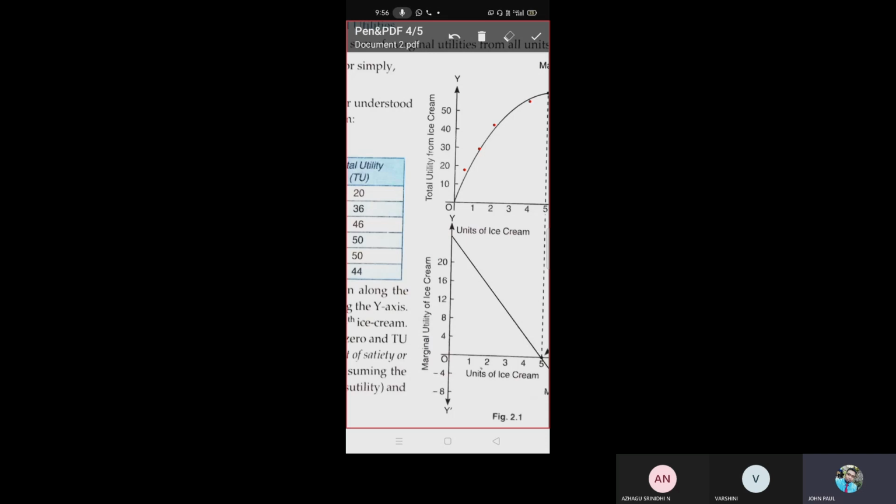Simultaneously, when I'm consuming the fifth one, the utility remains the same, that means 50, 50. This is what we call the saturated point. If I further consume one more ice cream, the total utility declines. Got my point?